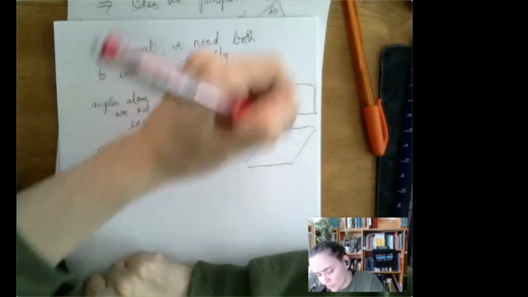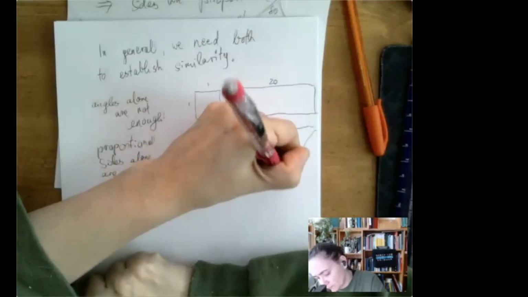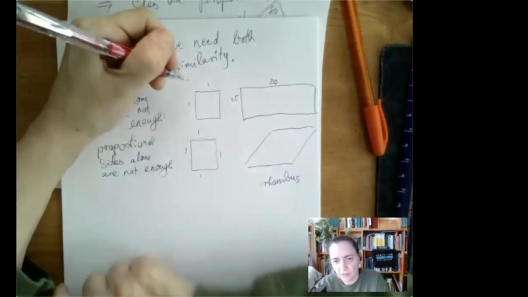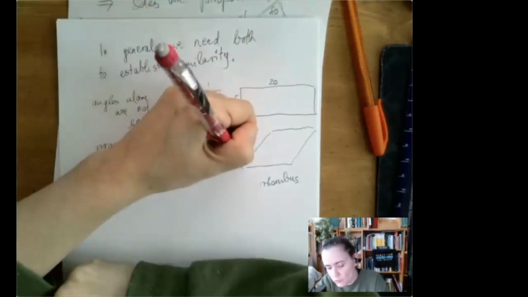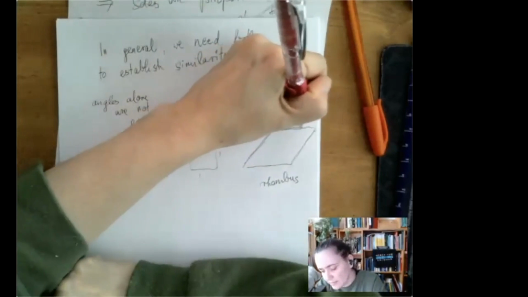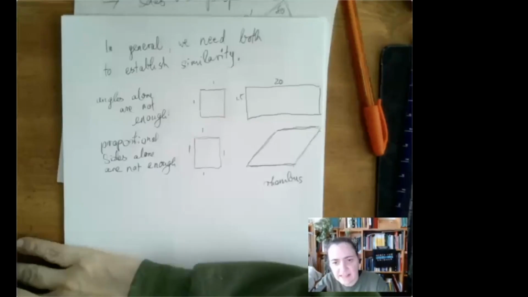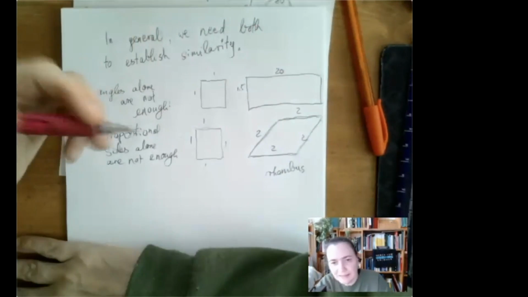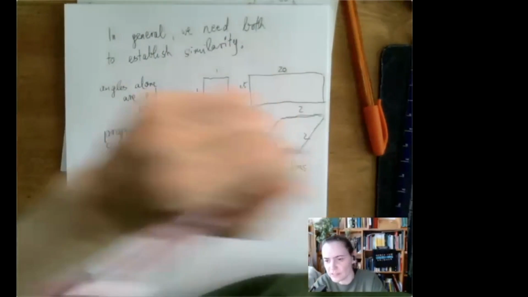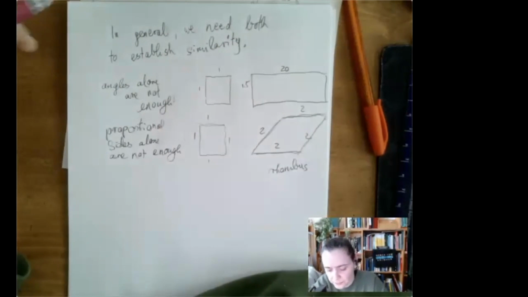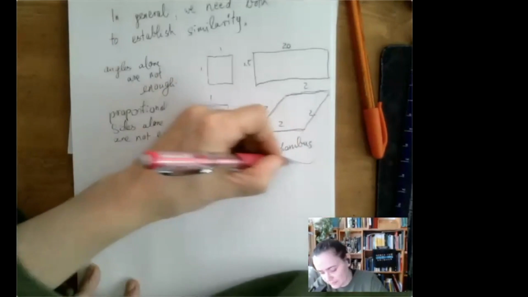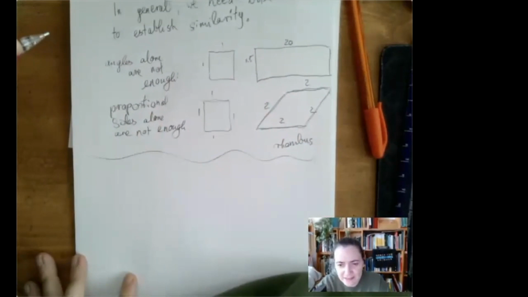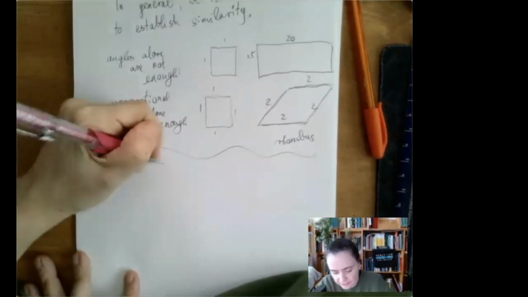This is called a rhombus, and it's a special case of a parallelogram. A parallelogram has two pairs of parallel sides, but in case of a rhombus, all four sides are the same. Let's say 2, 2, 2. Clearly, these two are not similar, although corresponding sides are proportional. That's in general. But triangles are relatively simple. In case of triangles, just one is enough.